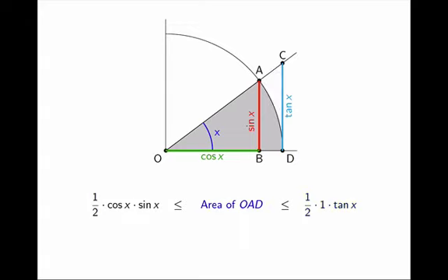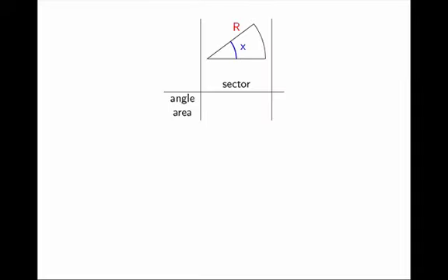And finally, let's look at the sector. Perhaps you know the formula for the area of a sector, but in case you don't, here's how we would obtain it. I have drawn a sector with internal angle x and radius r. So the angle is x, and I want to calculate the area. Let's call it S for surface. The key fact to observe is that if I double the angle, then I will be doubling the area.